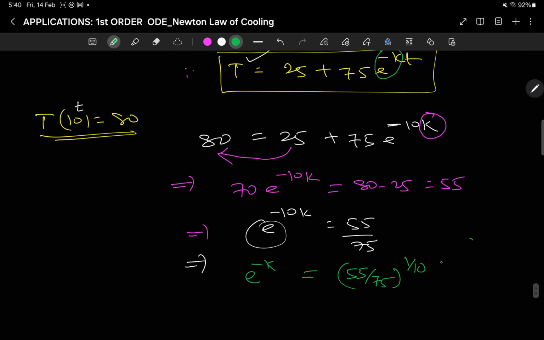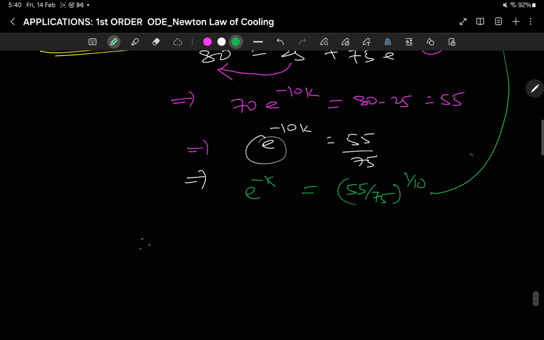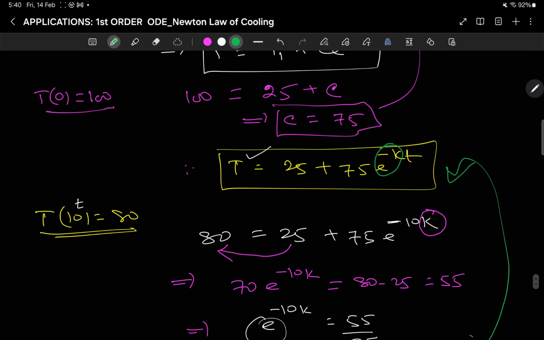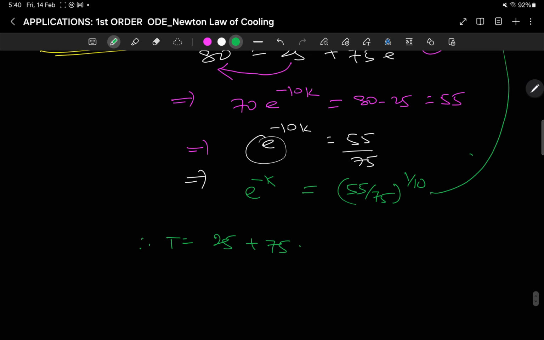Now we substitute this value here. So therefore T is equal to 25 plus 75 into (55 by 75) to the power t by 10.